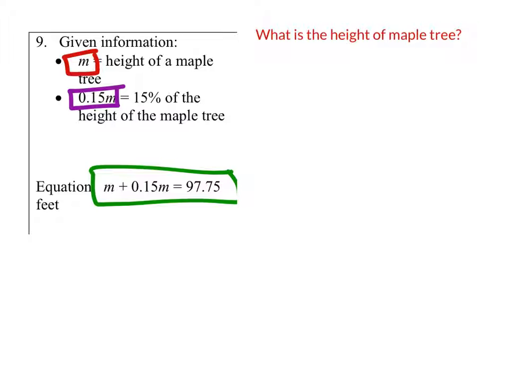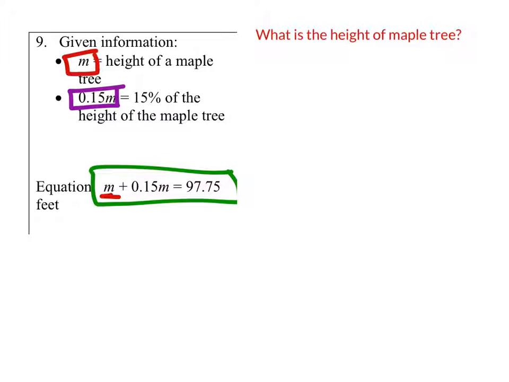What about this 15% of the height? I'm trying to think if we really need a sentence for that part because it's just in the equation. So actually, I'm going to skip that, which is pretty nice. Let's just move on to the equation. Just make sure you don't get it wrong, okay?